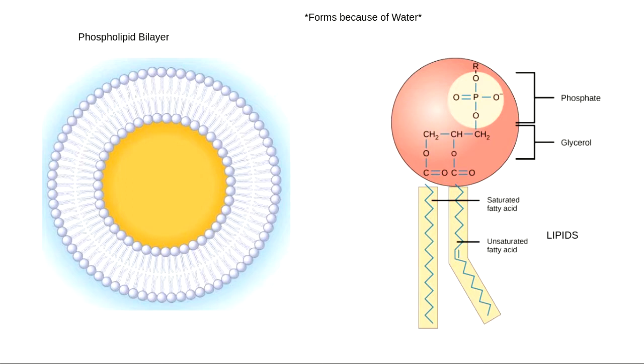And check this out. We also have water on the inside. What's the name of the water and the stuff that's in it, for that matter, that's inside a cell? What's the name for that fluid inside the cell? Yeah, cytosol. Cytosol.